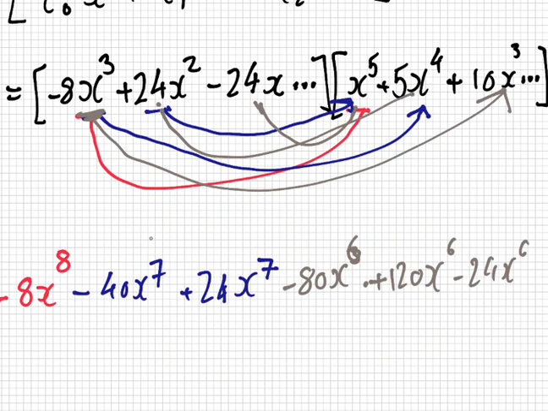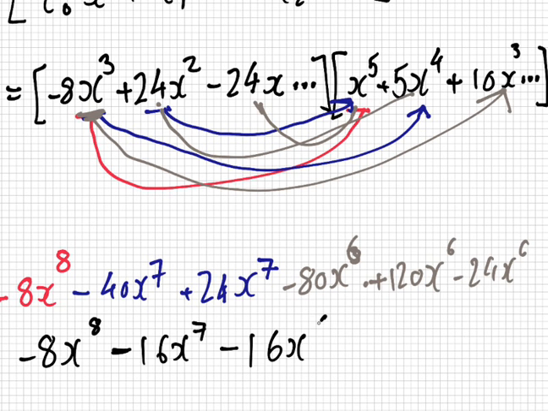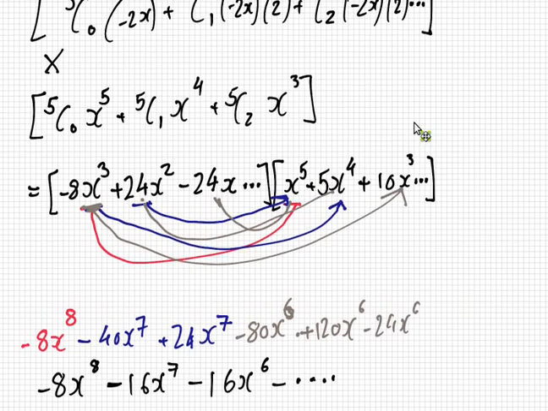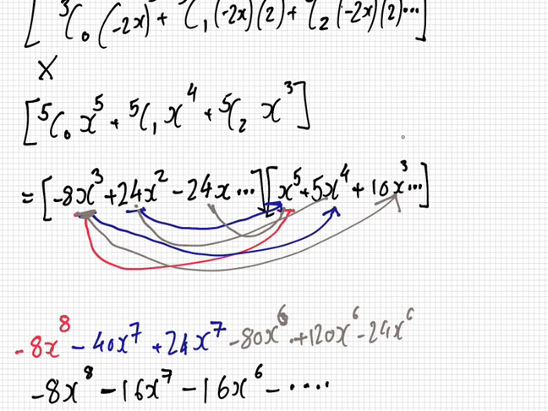Okay, so if I clean that up, I get minus 8x^8, minus 16x^7, and then 120 minus 80 is 40, minus 24 is 16. Plus the other pieces. Okay, write that down, please. Oh dear, I got confused with the way.